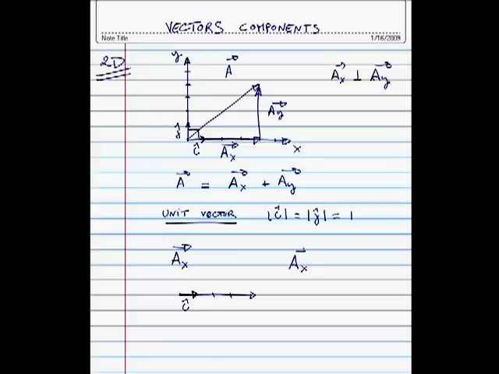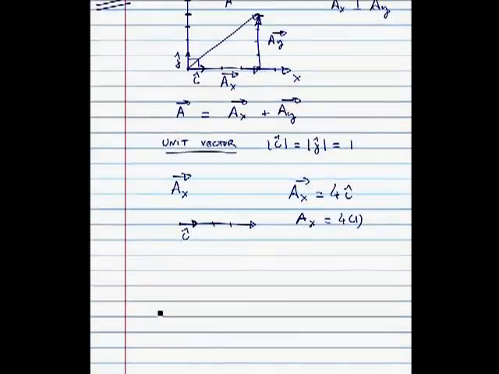Therefore, I can write Ax as 4i, so the length of vector Ax is 4 times the length of i. Similarly, I can do the same thing with Ay and replace it by 4 times the vector j.